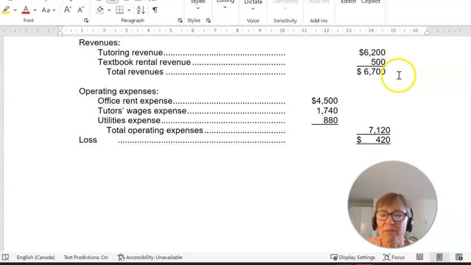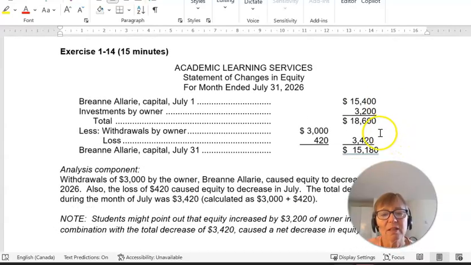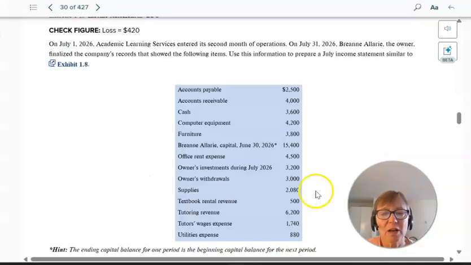So then we've got revenue of 6,700 minus operating expenses of 7,120 gives us a loss of 420. Statement of changes in equity. So again, we had the beginning balance, which is the 15,400, which comes from the ending balance for June 30th, 15,400.